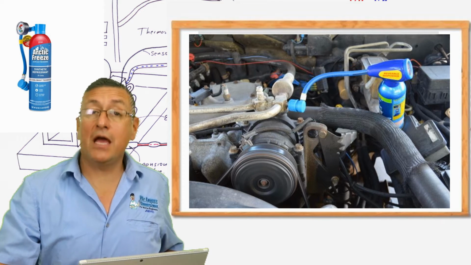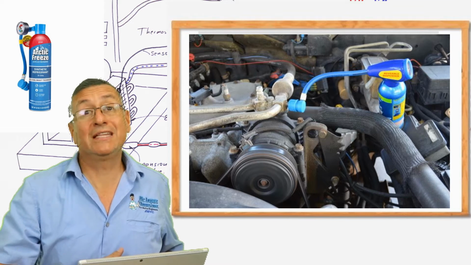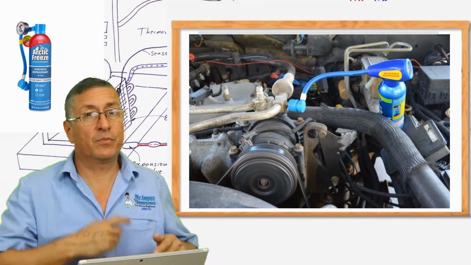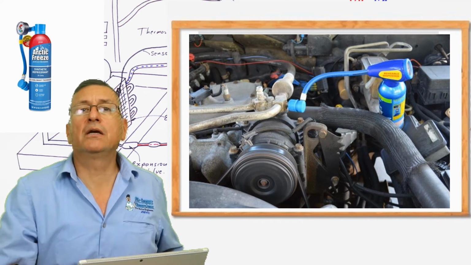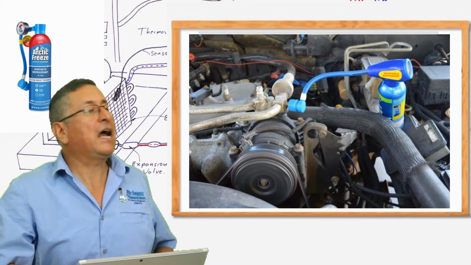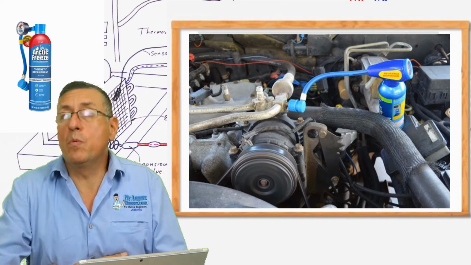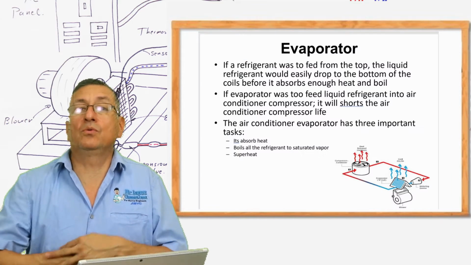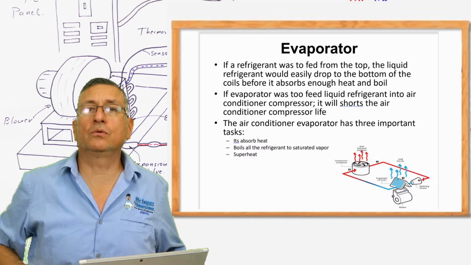You start the engine, of course, because you need the compressor running, and the compressor is belt driven, remember? You start the engine, put the air conditioner on maximum, and add it through the low pressure side. Now, we are going to do that process in other episodes later.